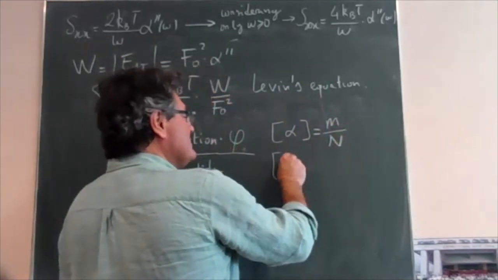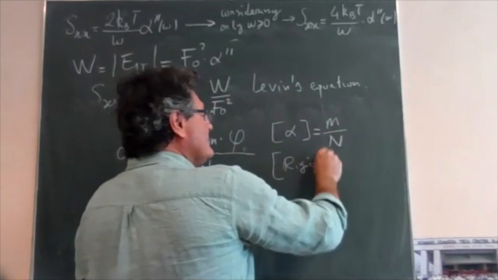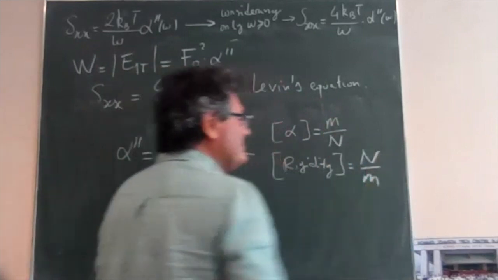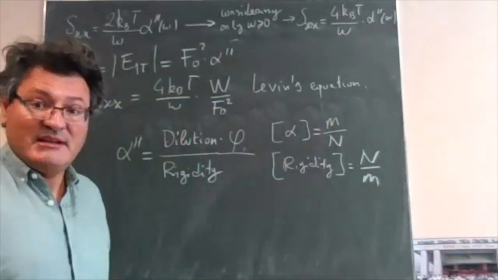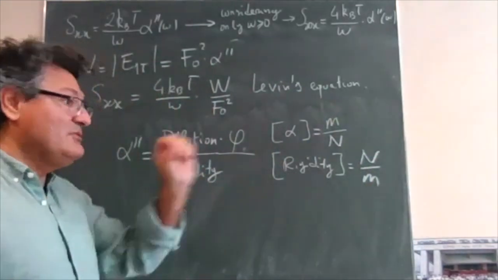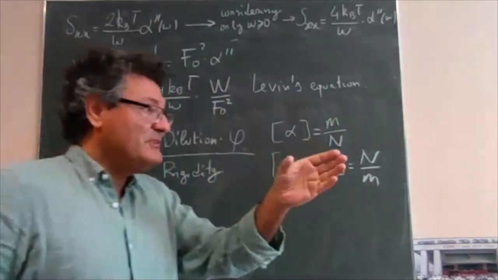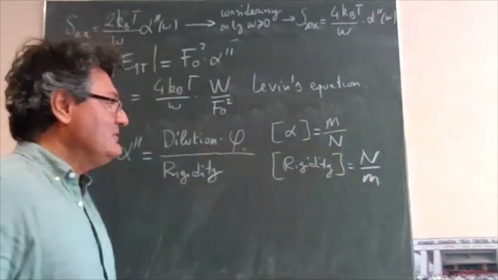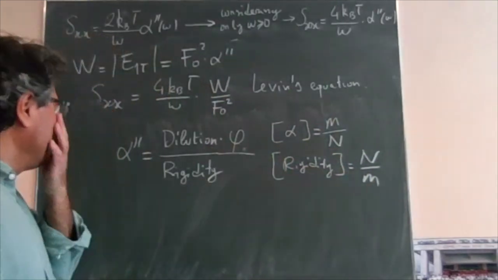Well, the rigidity is the opposite, Newton per meter. So it represents how rigid the system is. If you deform the system by 1 micron, how many Newton do you need to apply?